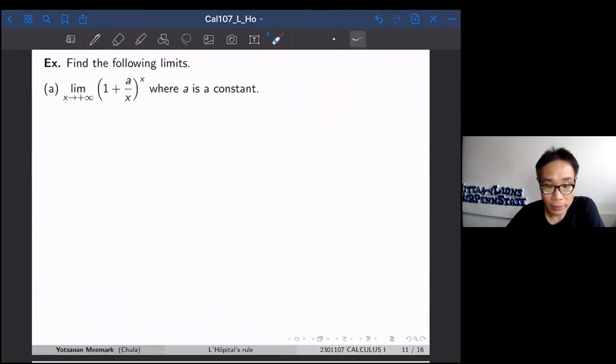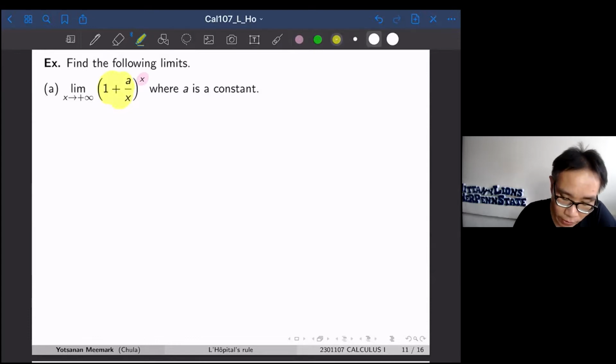Let's see an example. For this example, you're going to get the limit as x goes to infinity of (1 plus a over x) to the x. Okay, so it's going to be f(x) to the g(x). In this case, let me highlight something. So this one will be your x, that will be the power, and you have 1 plus a over x, which is your f(x) down here.